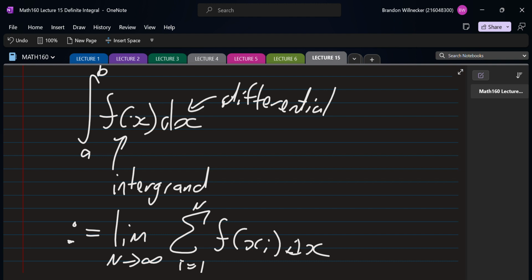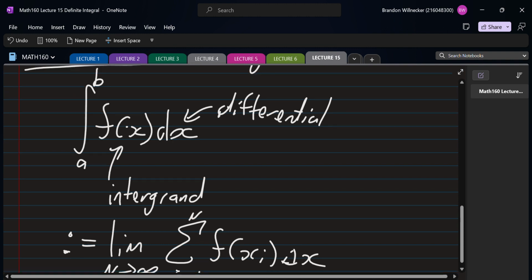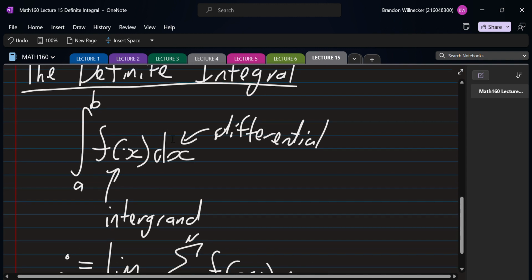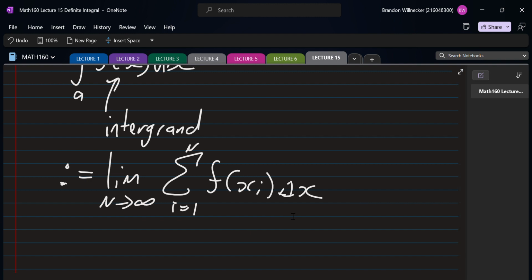But for now, and for the tutorials that you have for this week, whenever you see this definite integral, or if the question says evaluate the definite integral, or find the area using the definite integral, we're going to use this definition here. Later on, we'll see there's a much easier way of calculating that, but we'll save that for later. We'll do the hard work now, and then the easy work later.